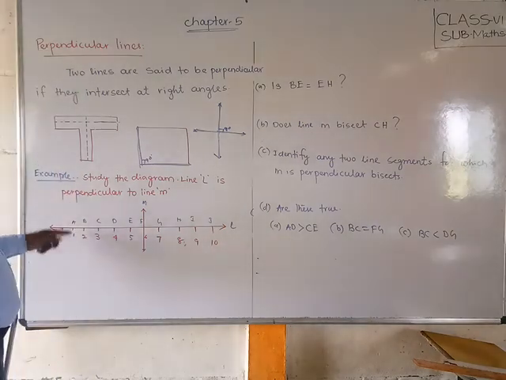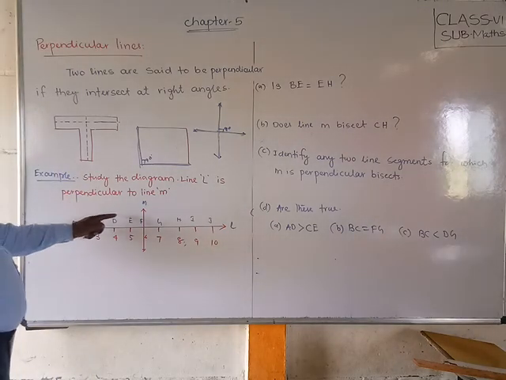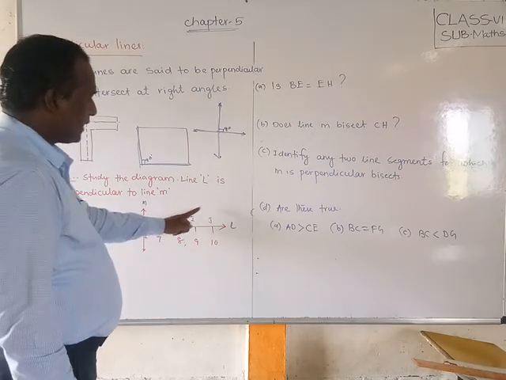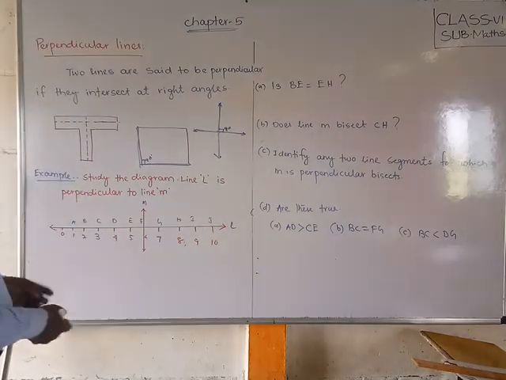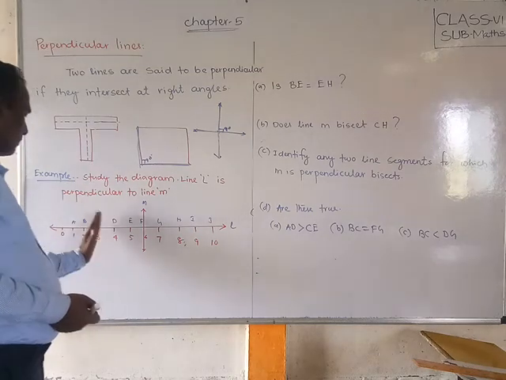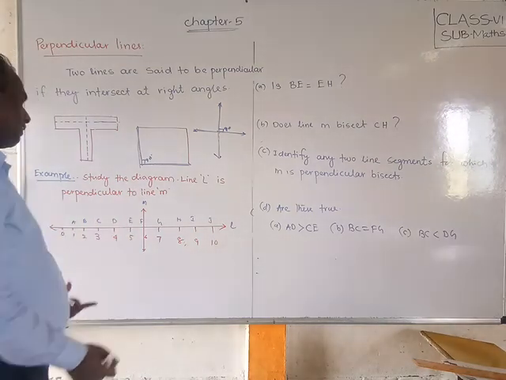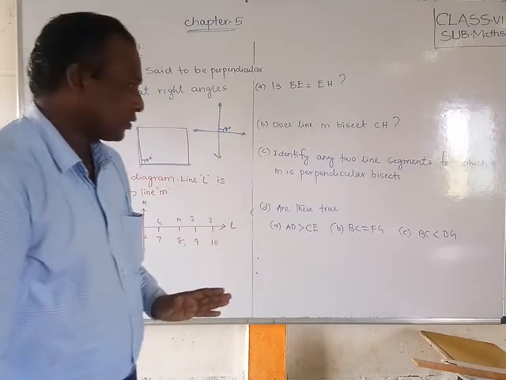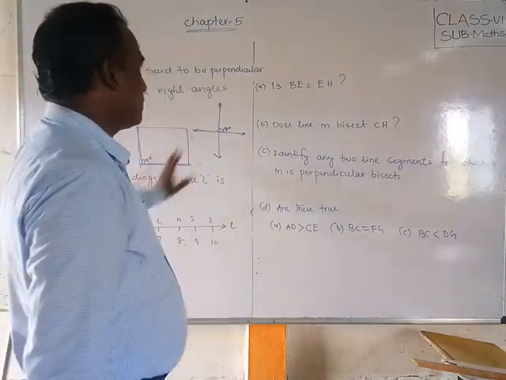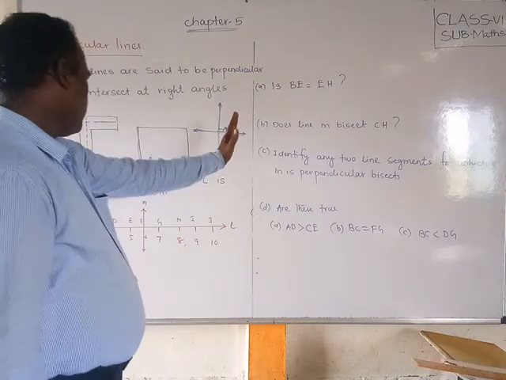I have named them A, B, C, D, E, F, G, H, I, J. The distances A to B, C to D are equal, one unit each, so all are equal units. Against this picture I have written some questions, and you have to find the answers.